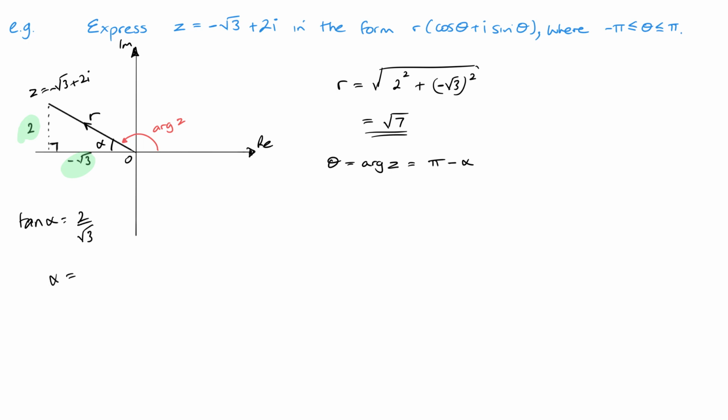So the size of alpha is my arctan, or inverse tan, of that 2 over root 3. It's just something to be careful of. You can see I've put my minus root 3 because we're going in the minus direction. But if I use that minus value, it's not going to give me the right angle there.